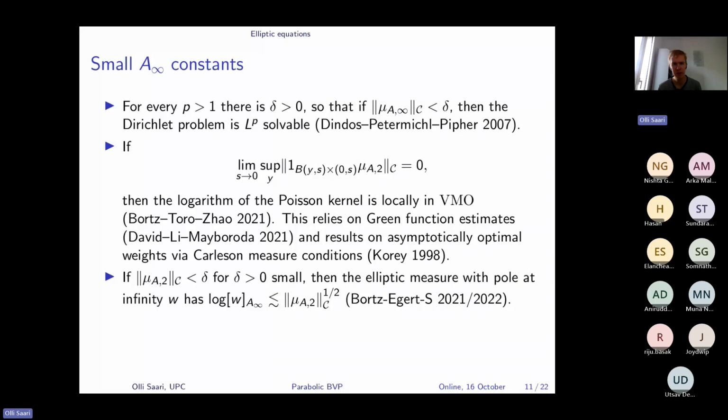An elliptic measure with pole at infinity is a limiting object which is constructed by looking at elliptic measures with finite poles and sending the pole point to infinity while making a normalization so that we get a non-trivial limit.